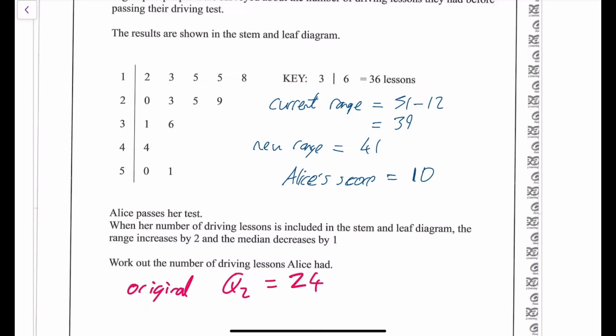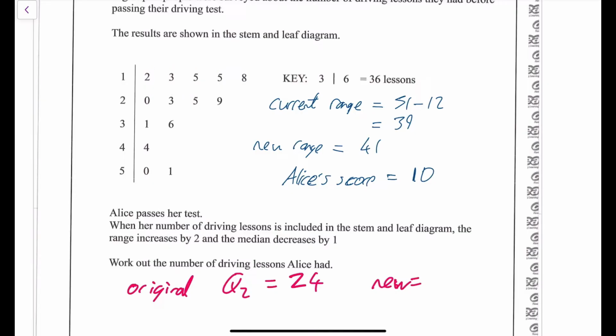You've got 14 values, so your median is the 7.5th value: first, second, third, fourth, fifth, sixth, seventh, so 7.5 is in here, so it's 24. For the new, you have 15 values, so 15 plus 1 is 16, divided by 2, your median will be the 8th value.